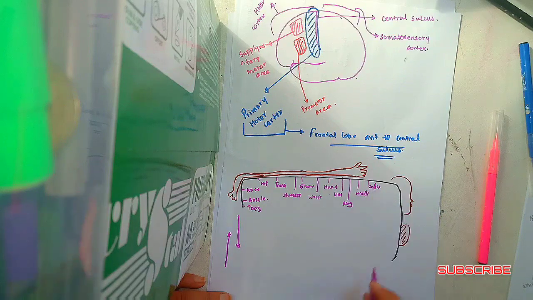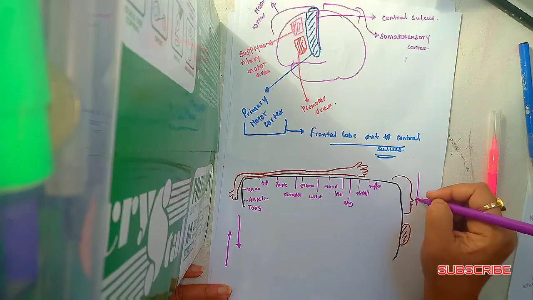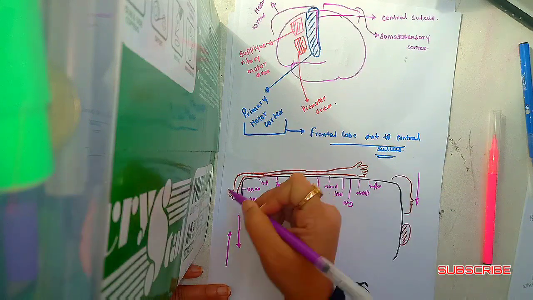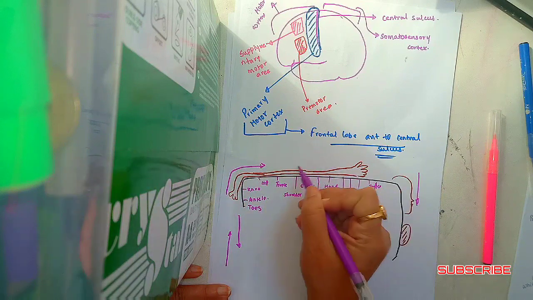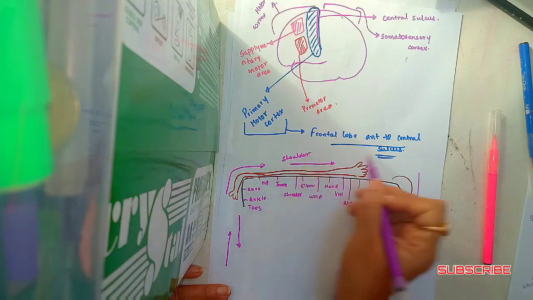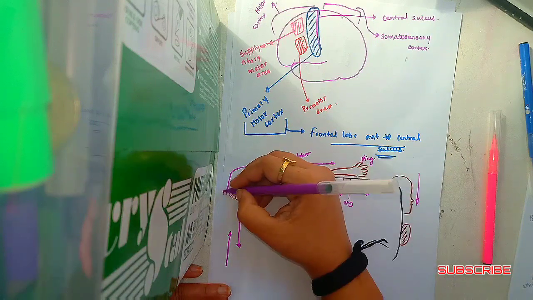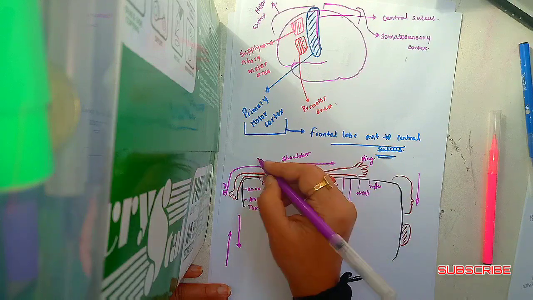After this we come to the face. Here from shoulder to hand, like fingers, here toes to hip or trunk.